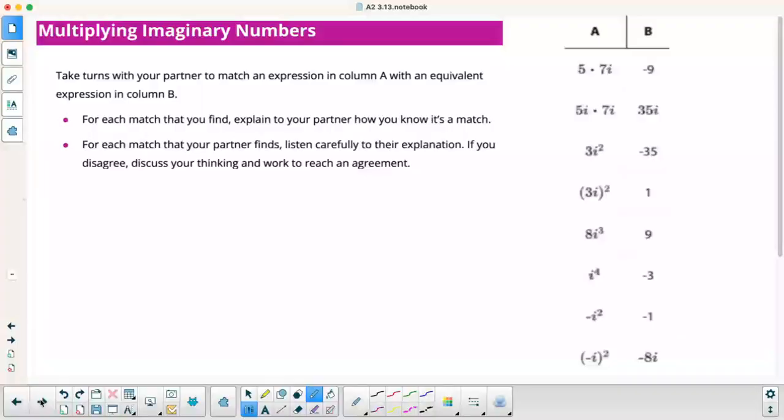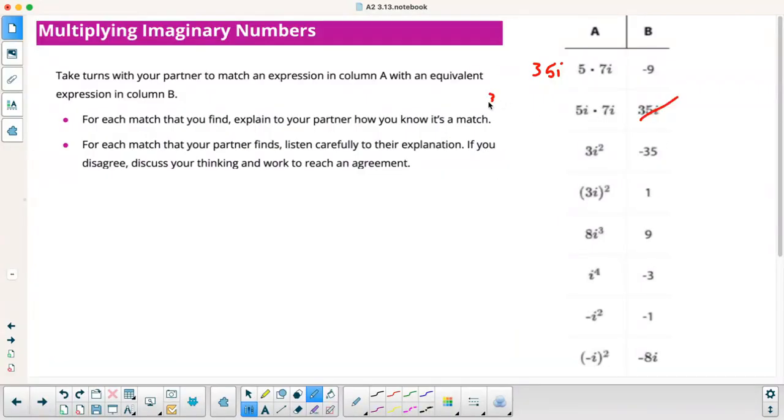All right, take turns with your partner to match an expression in column A with an equivalent expression in column B. So let's see here. This one looks simplified. This one looks like I need to do the simplifying. So this is going to be 35i, 5 times 7.